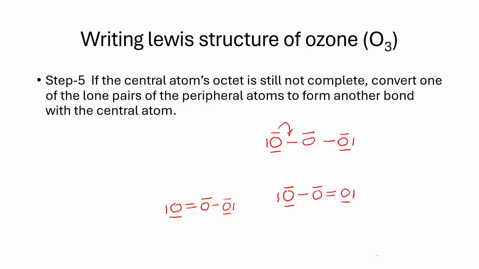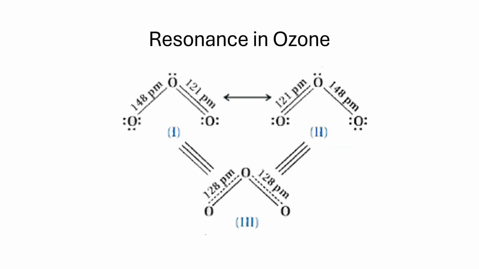But here's the catch. Since ozone can be depicted by both of the structures, we see here that there is a disparity in the bond length of the single and the double bond. The single bond is longer than the double bond, and that's quite obvious because there is greater electrostatic attraction between the nuclei and the shared electrons in a double bond as compared to a single bond.